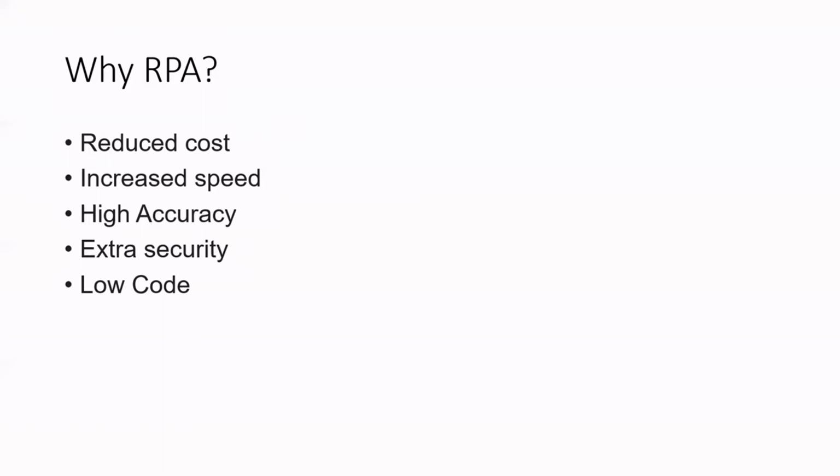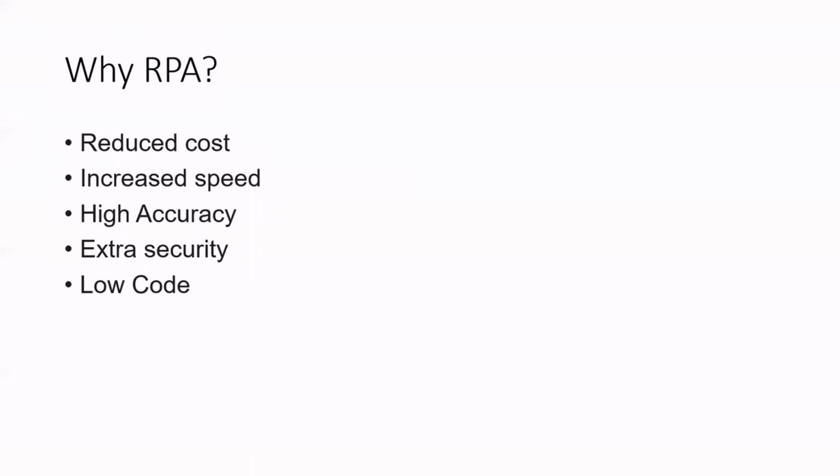Extra security. Suppose someone has to enter data from multiple sources into one Excel sheet. They have to consolidate that, copy the data, paste it and collect it in an Excel sheet. So that data can be exposed.